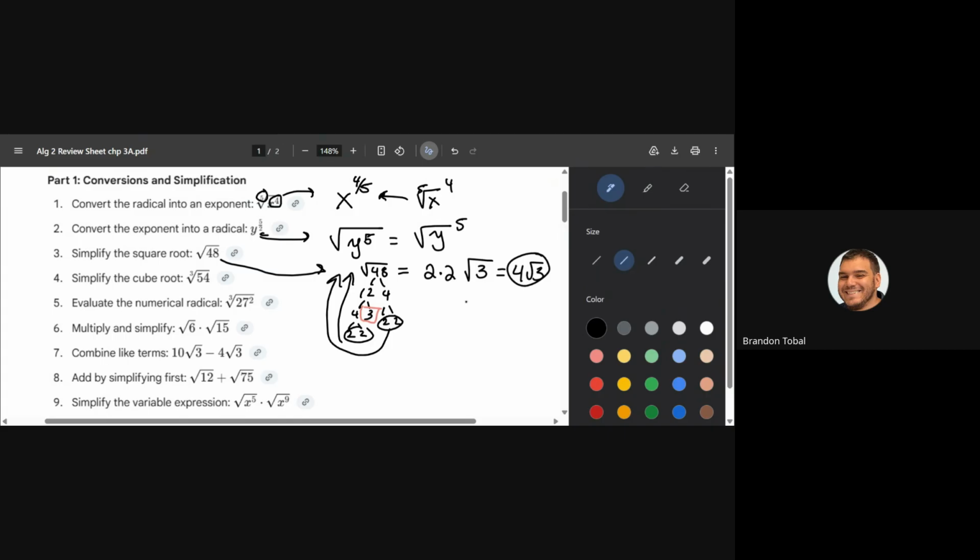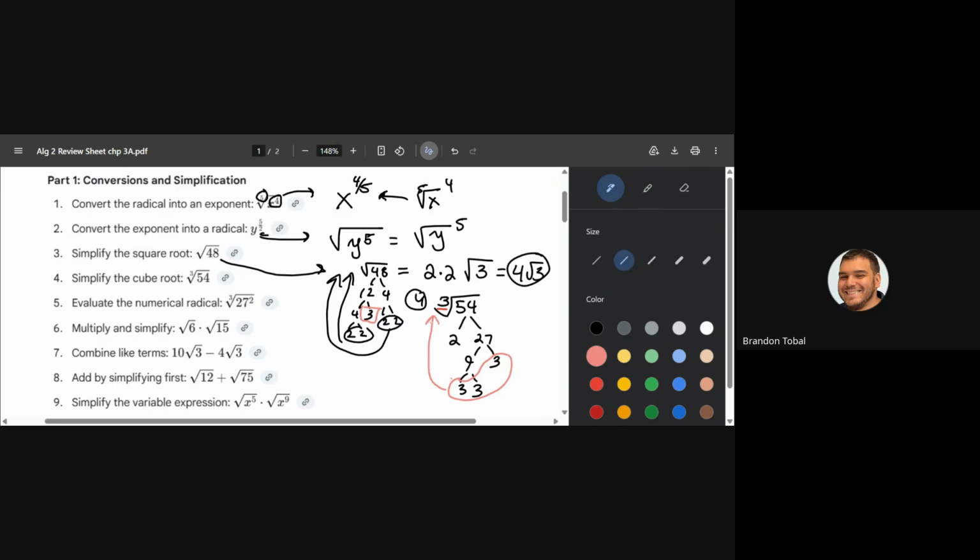Next one, number 4, cube root of 54. Cube root means I'm going to need a 3 of a kind to circle. So 54, I can break it down to 2 and 27, 9 and 3, 3 and 3. In this scenario, I have a 3 of a kind of 3s, so that gets to leave.